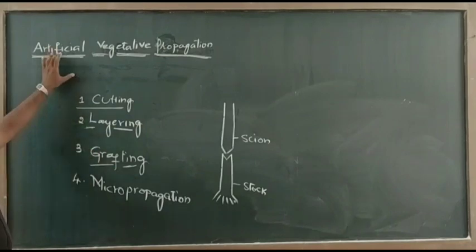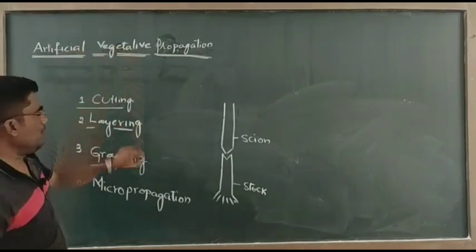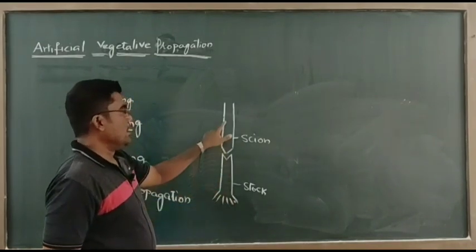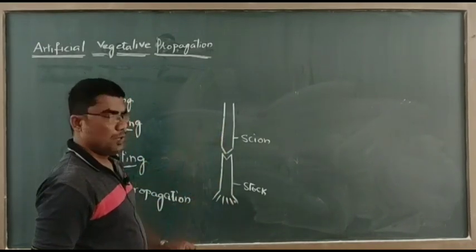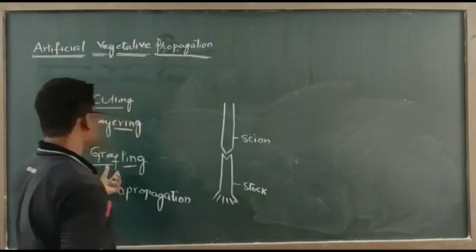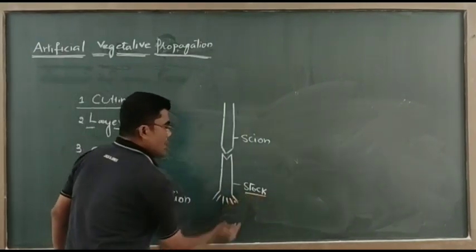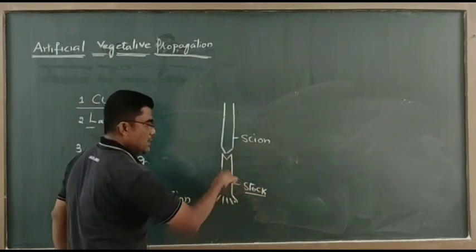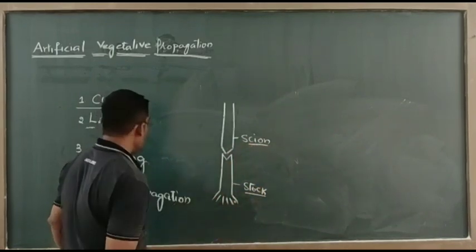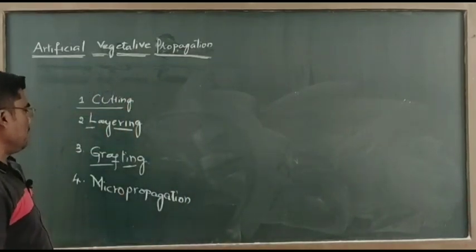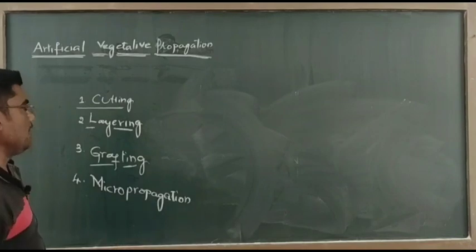Grafting is artificial vegetative propagation where a twig is fixed to the rooted part to get the desired plant. The rooted part is called stalk and the twig fixed in the stalk is called scion. Please remember this. There are different methods in grafting.